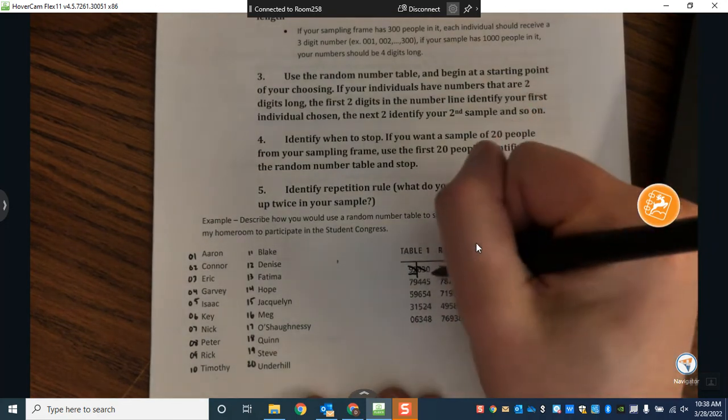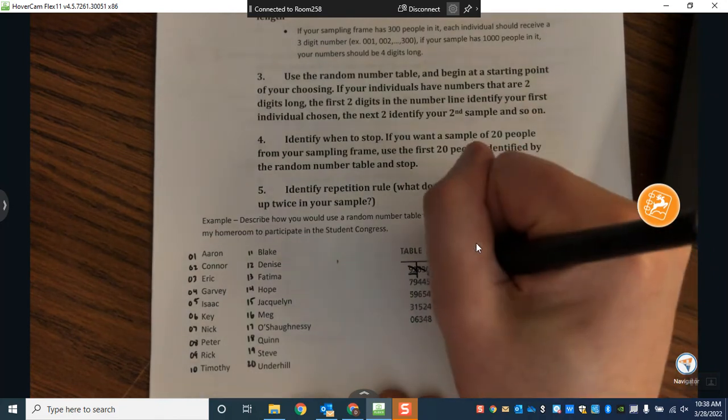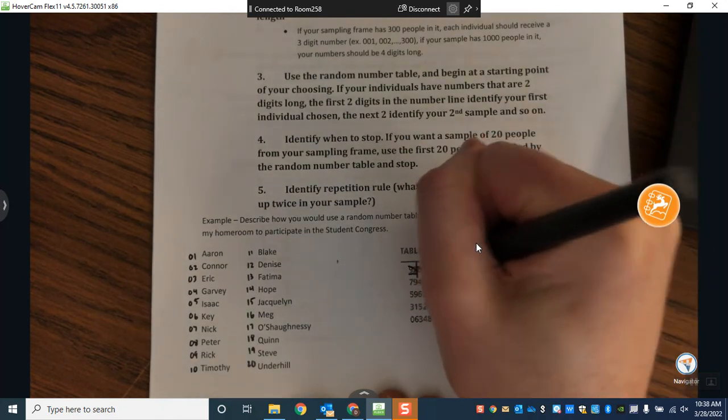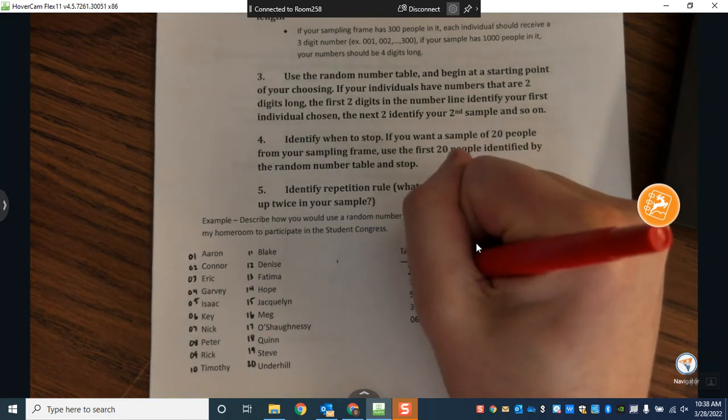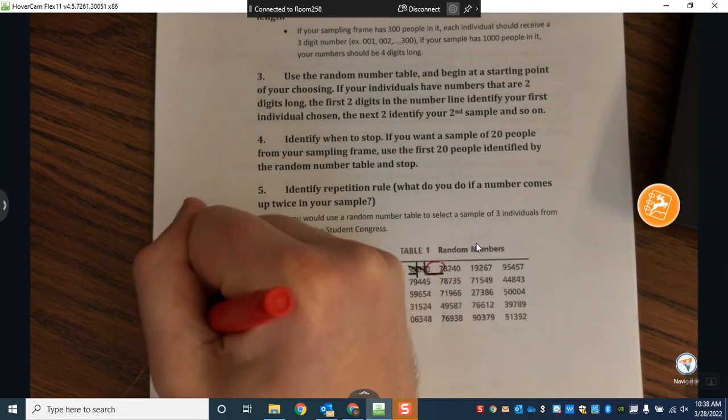Then we would go to the next 2 digits, and I know that there's a space, but that's okay. We're going to use that number right there, 7. 7 is a number that's on my list. 7 is Nick.